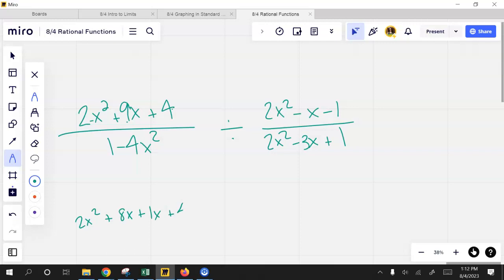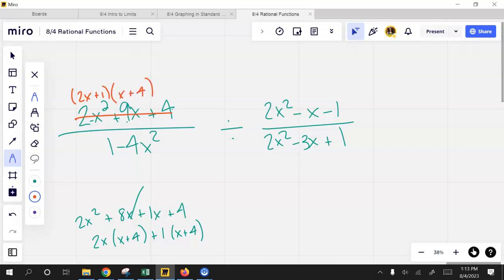Why couldn't I shortcut this one? That's right. There's 2 in the front. Take out a 2x. I got x plus 4. 1 is the GCF there. So what I'll generally do, and if this is too confusing for you, by all means write it all out again. I come here and say, okay, this is 2x plus 1, x plus 4.